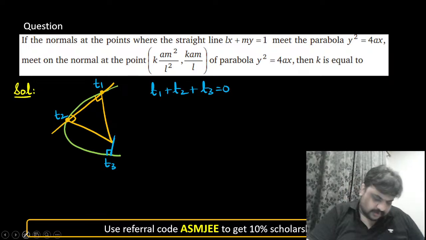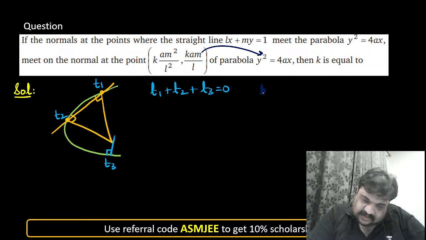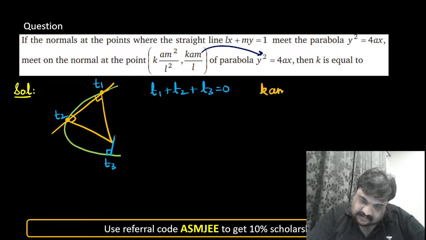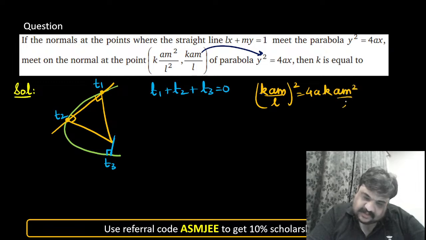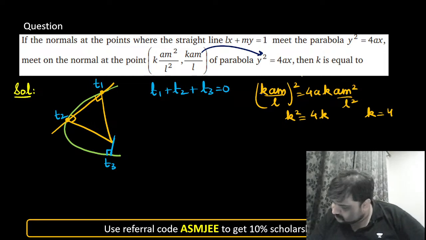First of all, this point should satisfy the parabola. Let us substitute it here. Is it even satisfying? Km by L whole square is equal to 4a Km square by L square. So k square is equal to 4k, k is equal to 4. We don't even need to solve the question. If this point lies on the parabola, k is equal to 4.